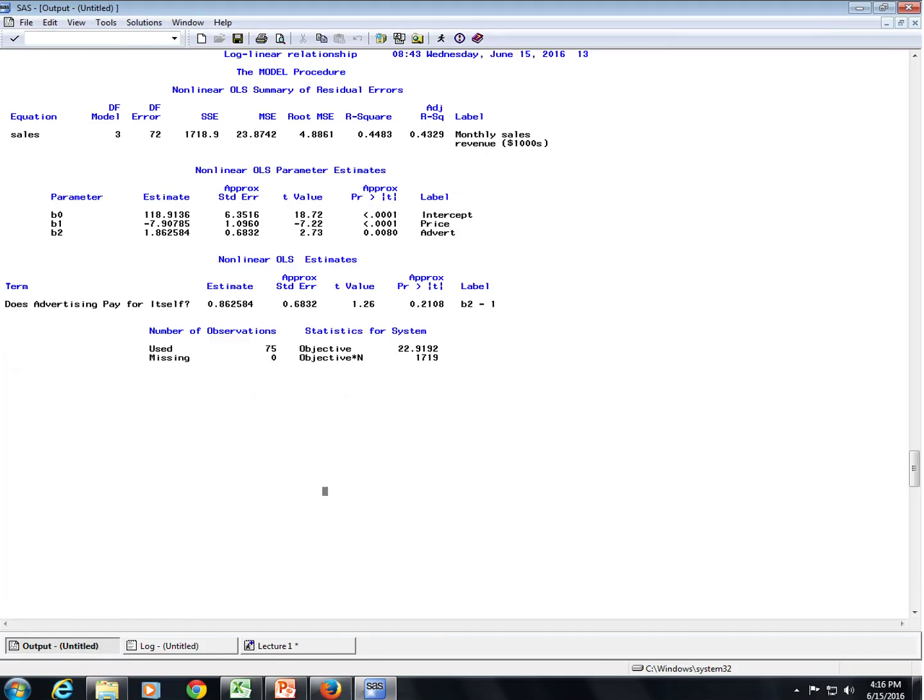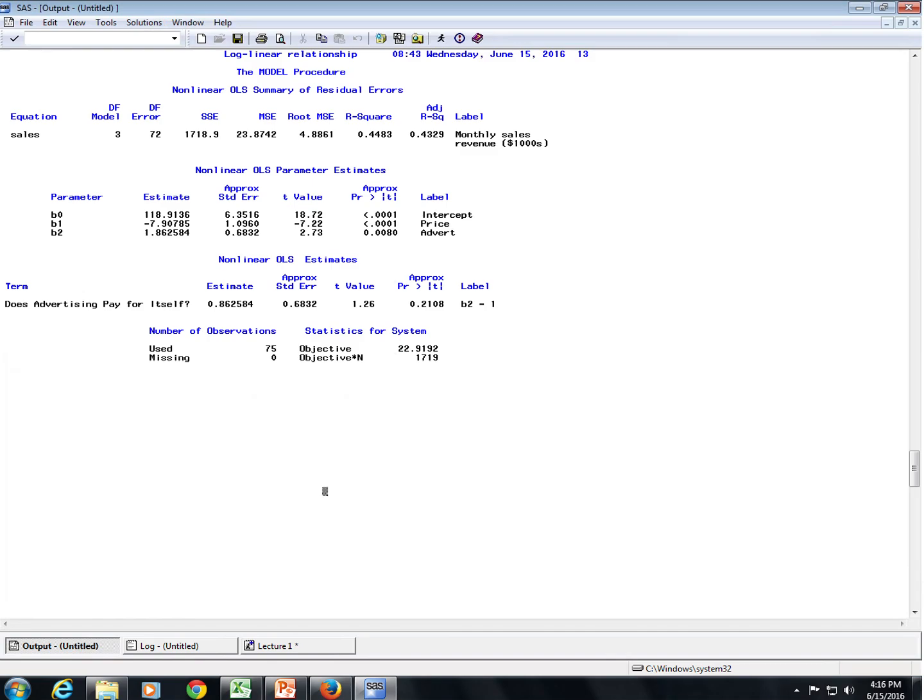Now, the third question is, does advertising pay for itself? That 0.0081 is essentially saying our advertising coefficient is significantly different than 0. But realistically, in a business context, we're actually interested in whether or not it's significantly different than 1. That's what the next test does, where it says, does advertising pay for itself?